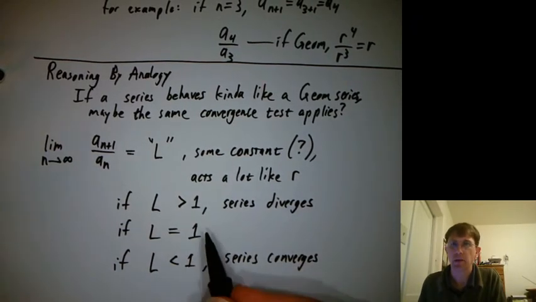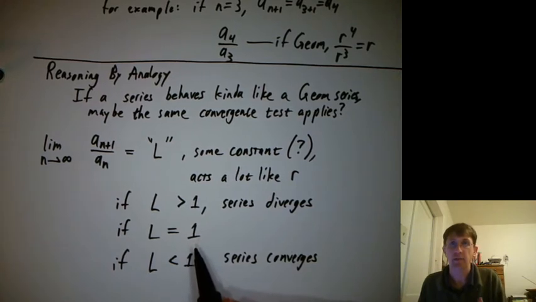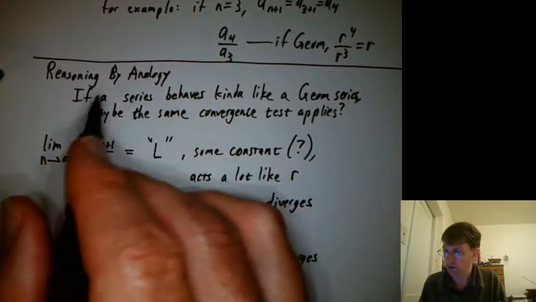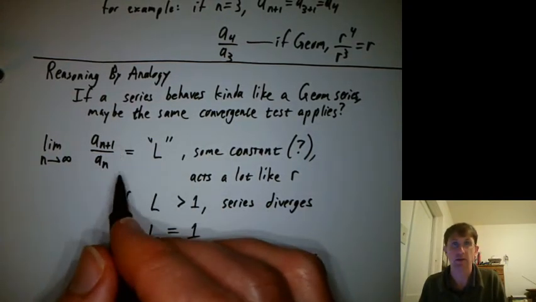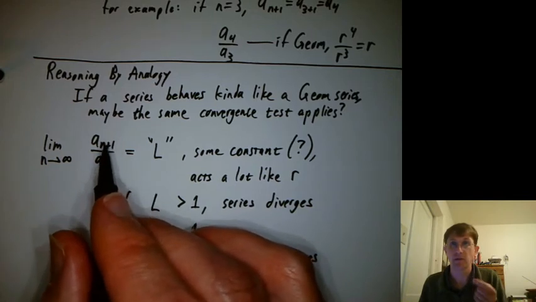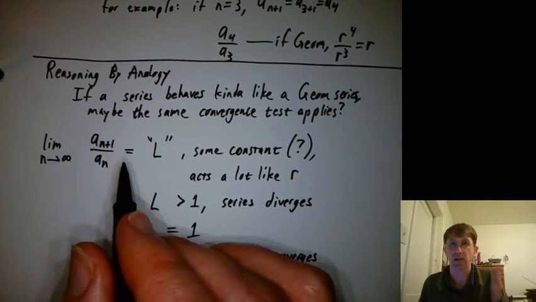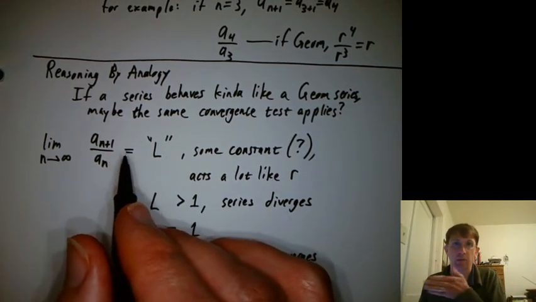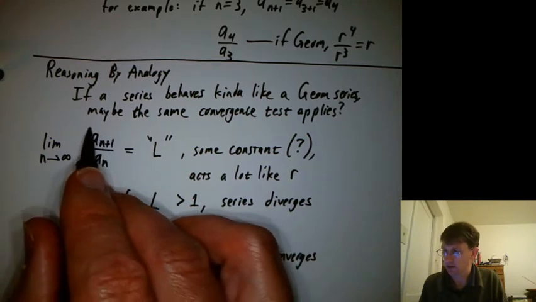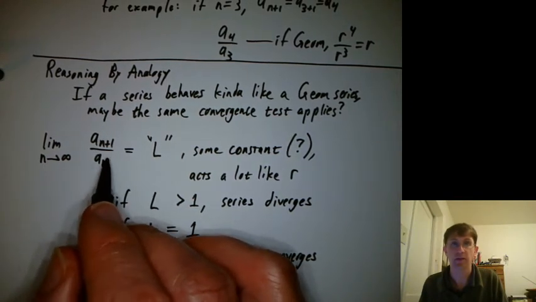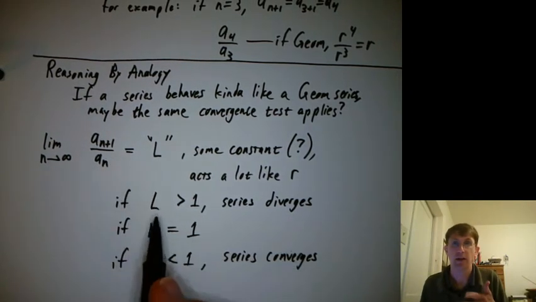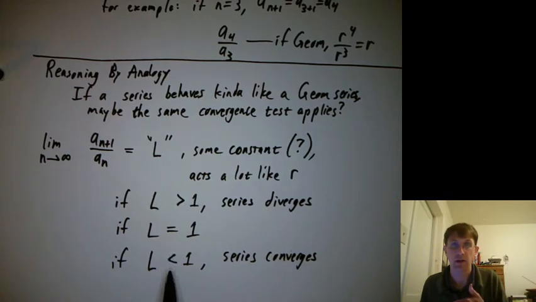Here I've only been considering positive L. That's because our book makes a simplification and says let's only use this, called the ratio test, when the sequence we're considering is all positive. If it alternated in sign, each time I'd have a minus in the numerator and a plus in the denominator, or vice versa, and L would always be negative.